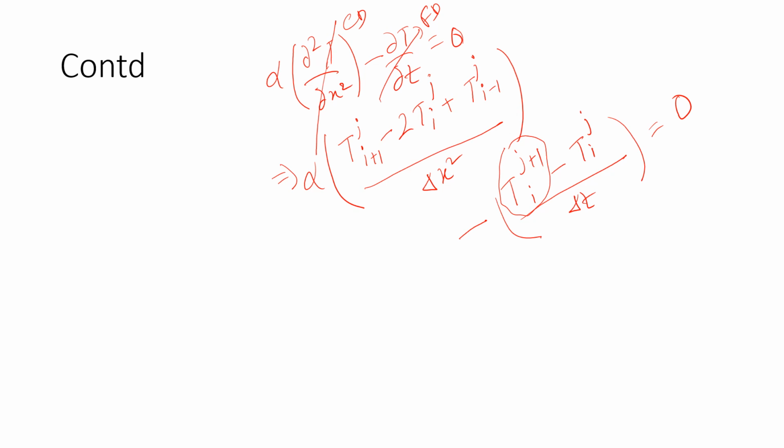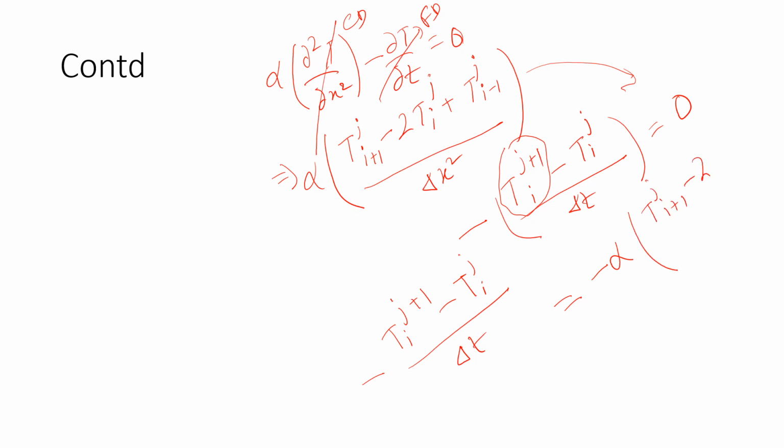So we can say this as minus T(i, j+1) minus T(i, j), over del t, is equal to minus alpha times T(i+1, j) minus 2T(i, j) plus T(i-1, j).